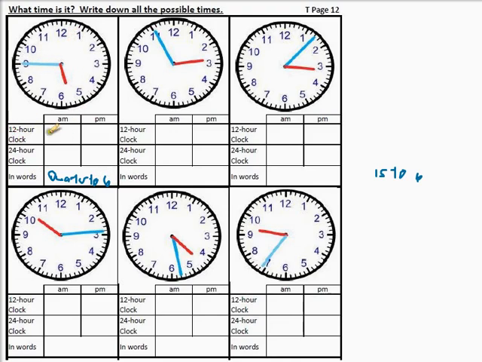If we look at the 12-hour clock, we've got an AM and a PM here, so really we practice everything. So we're going to think it's quarter to 6 in the morning. In other words, how many minutes is it past 5? So it was 5 o'clock when the long hand was there, and it walked all the way around to there.